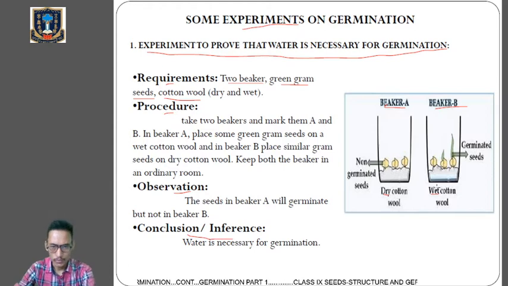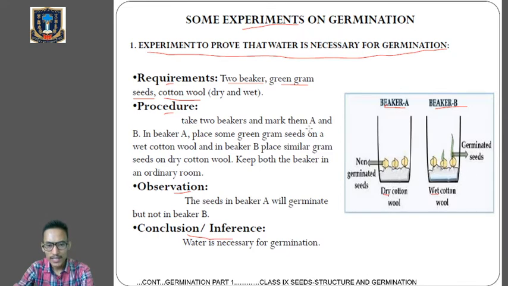Now procedure. So take two beakers. You can see over here, we are taking two beakers, and we'll mark them as beaker A and beaker B. Now in beaker A, we are placing gram seeds on wet cotton wool.